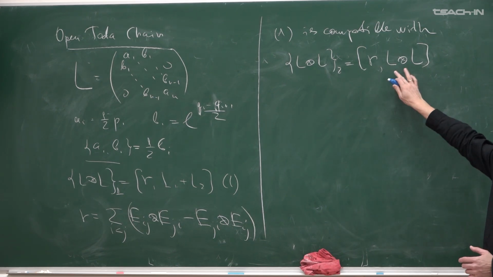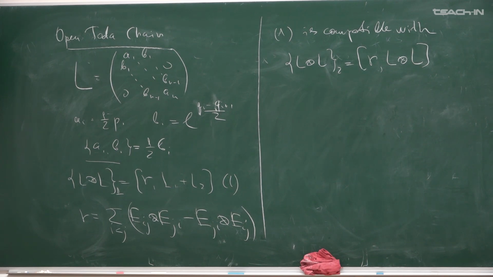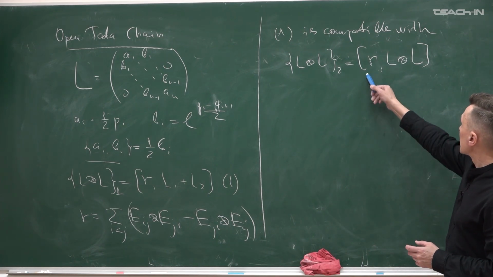Do you understand why it is quadratic? It is this L tensor L down here, on the right hand side. Now if we compute the bracket between A_i and B_i, it will be quadratic.